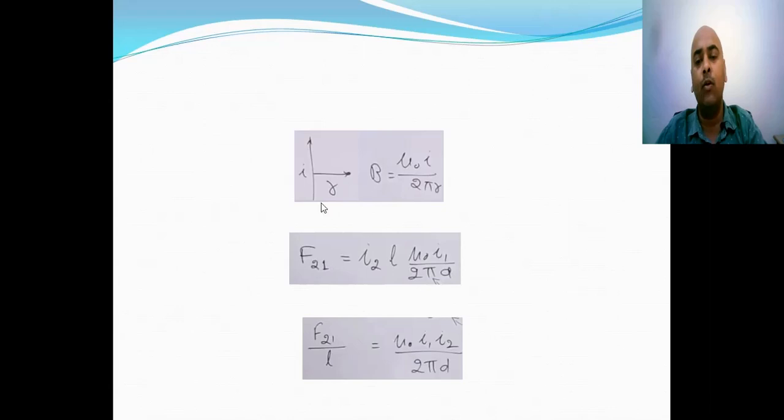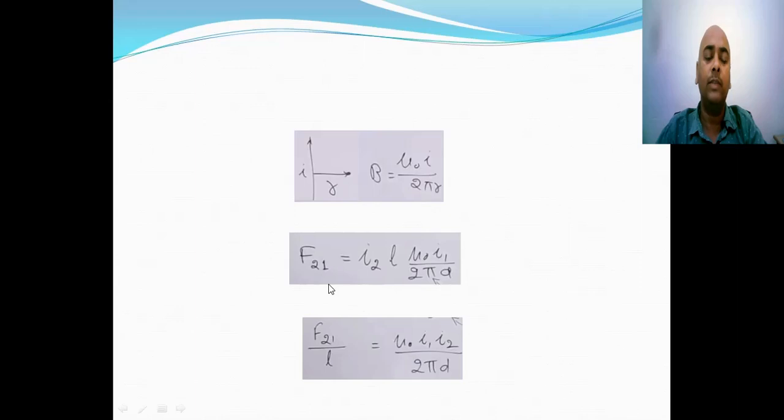The expression of the magnetic field by the Biot-Savart law, for a conductor in which current I is flowing, at radial distance small r, is B is equal to mu naught I by 2 pi r.